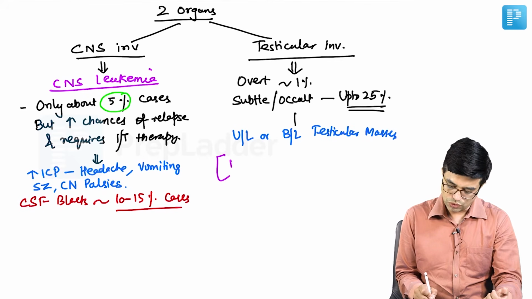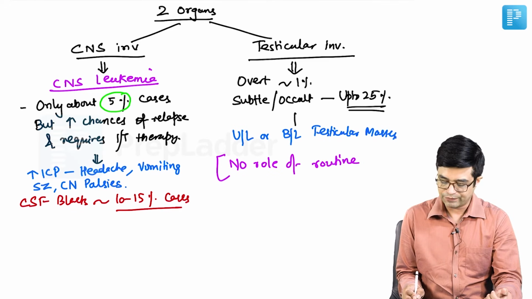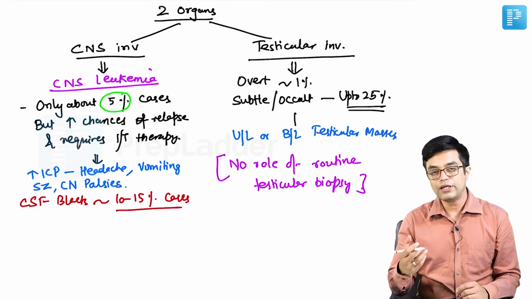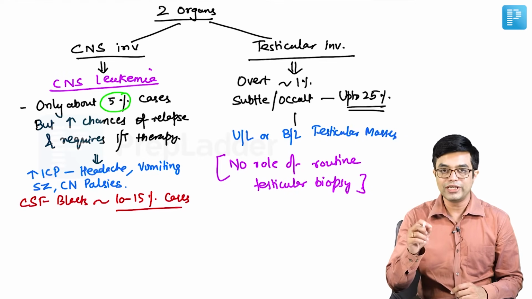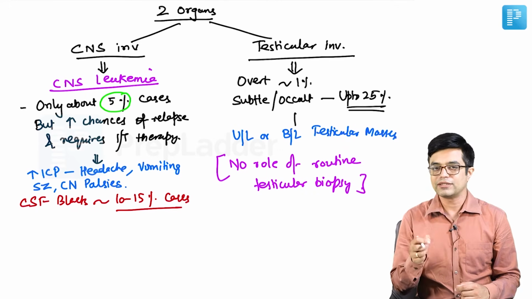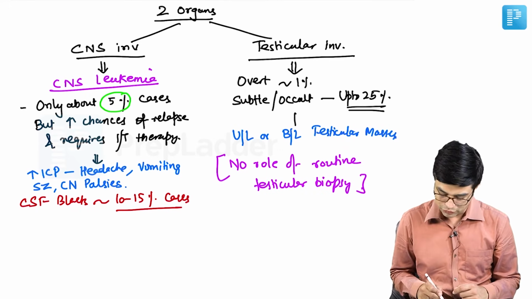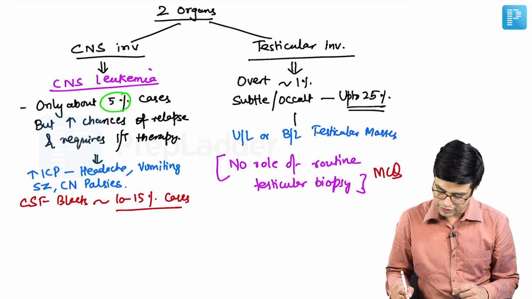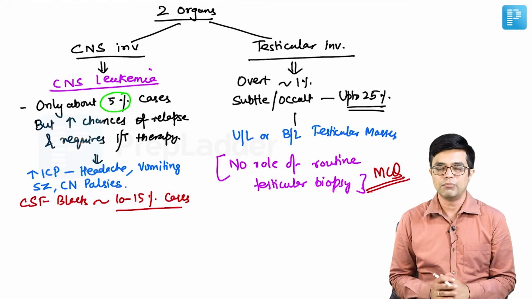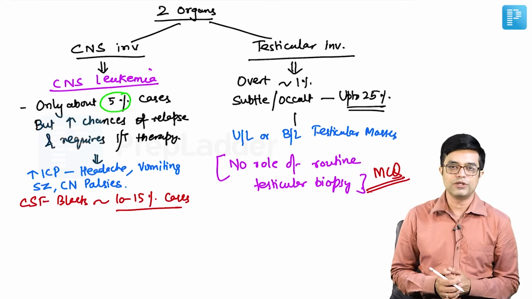But there is no role of routine testicular biopsy. How do we diagnose testicular infiltration of ALL? By doing biopsy. But when will you do biopsy? You will do biopsy only when there is a palpable testicular mass. If there is no mass, there is no role of routine testicular biopsy. This is your MCQ point. Statement based question asked in fellowship entrance exam many years back, but remains relevant even today.